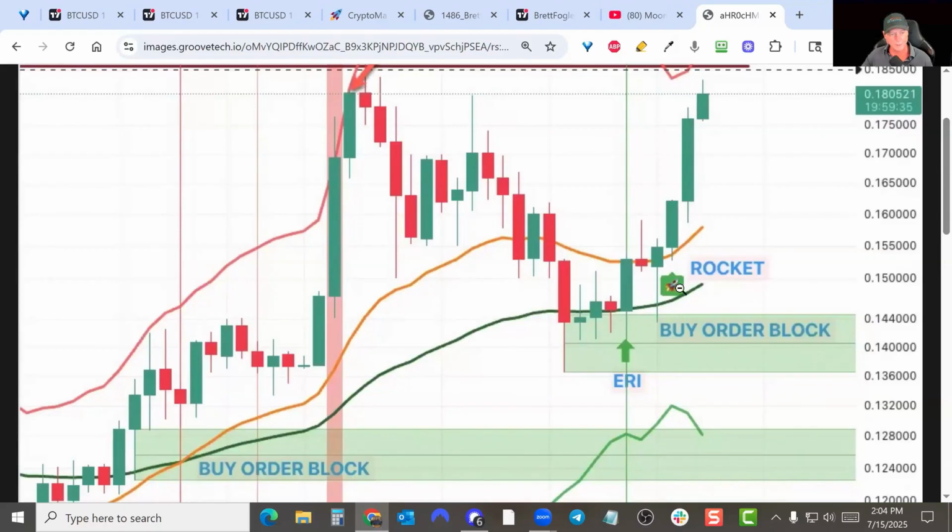So do you see this little rocket emoji graphic? This pattern, nobody else talks about this, but it's something I've noticed over the years, and it's usually followed by a rapid increase in price, followed by falling back to earth.